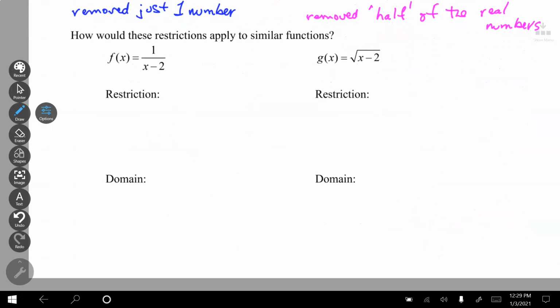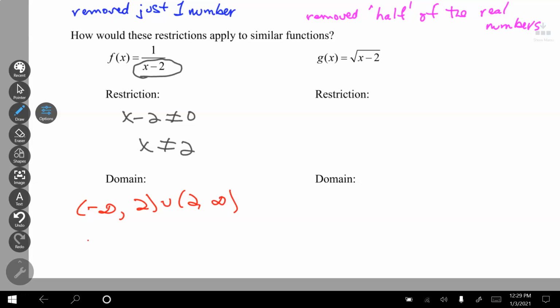Okay, so let's say we have something a little bit more complicated. Looks like here I'm going to use my denominator rule. So my restriction is that whatever is in the denominator cannot equal 0, or x cannot equal 2. So my domain is negative infinity to 2, union 2 to infinity, because I just removed x equals 2.